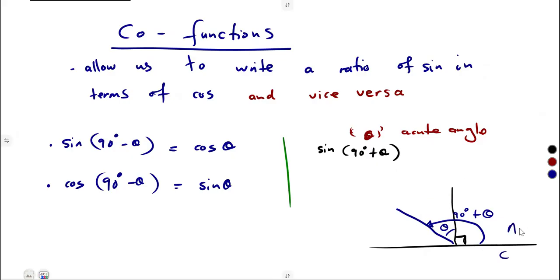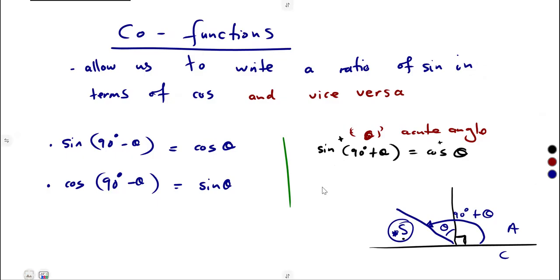Remember from your CAST concept, in the second quadrant, only sine is positive. So it follows that the sine of 90 degrees plus theta is a positive value, because sine is positive in the second quadrant.